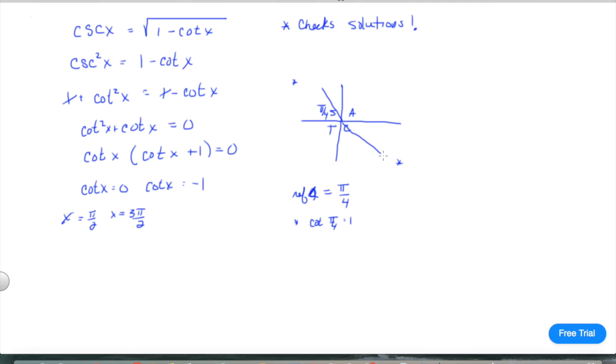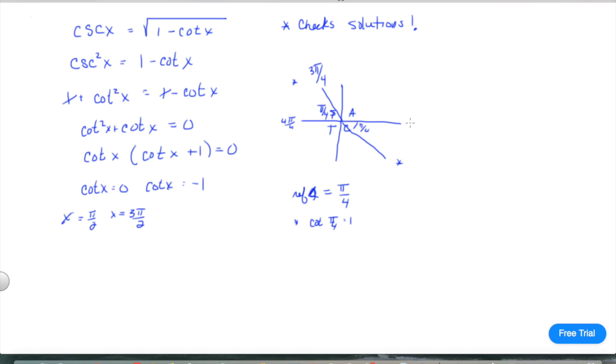And the angle in quadrant 4 whose reference angle is pi over 4, since we're looking for when cotangent is equal to negative 1. So again, to find this angle, instead of thinking of pi, let's think of 4 pi over 4. So if I subtract pi over 4, this would be 3 pi over 4.